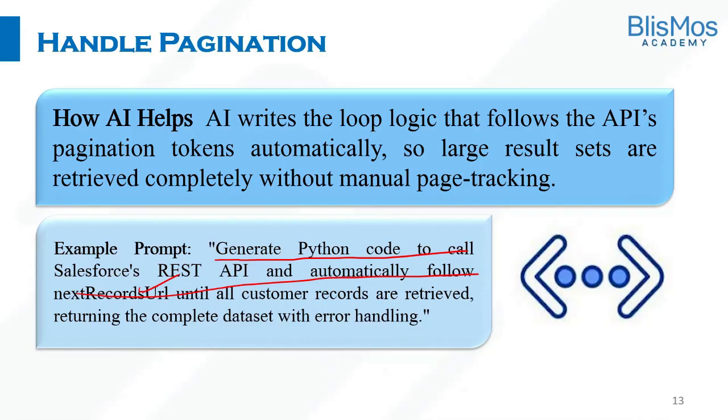See, you have to be very explicit. You have to be very detailed when providing the prompt. With this prompt, the pagination logic is created. The data engineer has to use that and make many modifications to go ahead with handling the pagination. So this reduces the risk of missing data and saves a lot of development time.